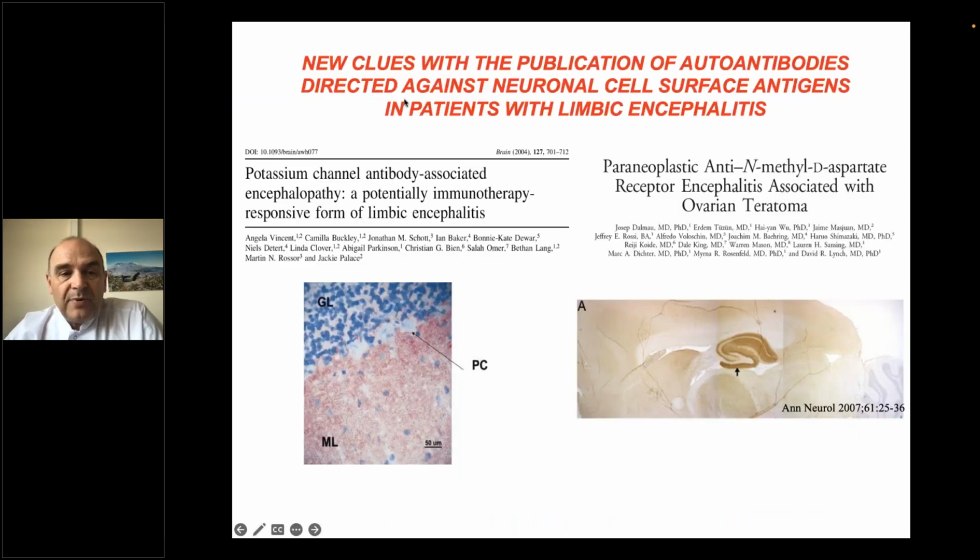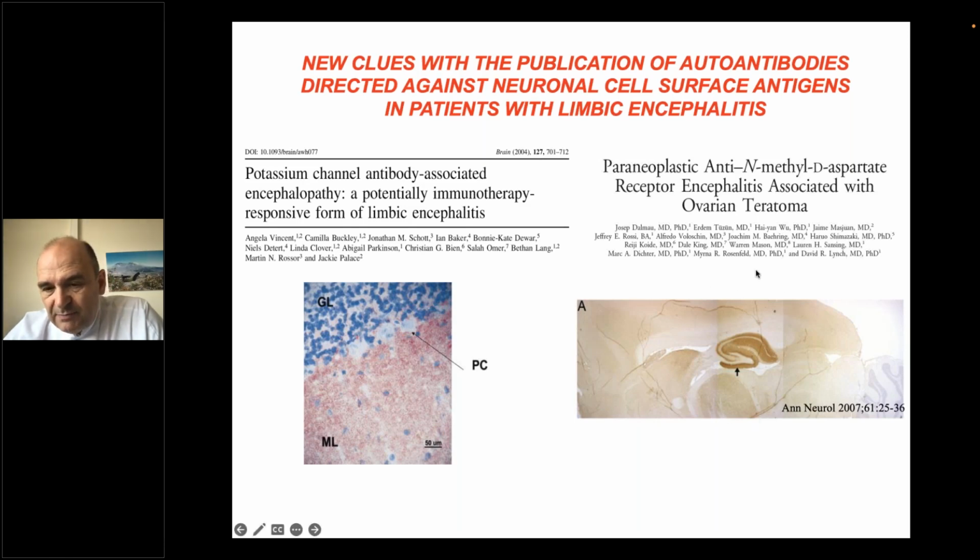This story particularly started with Angela Vincent's description of potassium channel autoantibodies, but we now know that the antibodies are not directed against the potassium channels themselves, but against other proteins like LGI1 or Caspr2. And in 2007, Joseph Dalmau, at UPenn in Pennsylvania, described paraneoplastic patients, women with ovarian teratoma, and autoantibodies directed against NMDA receptors.